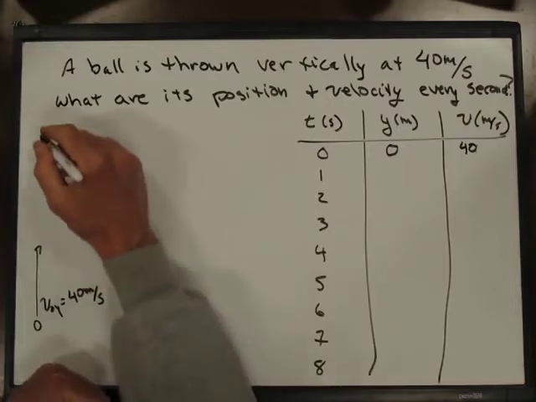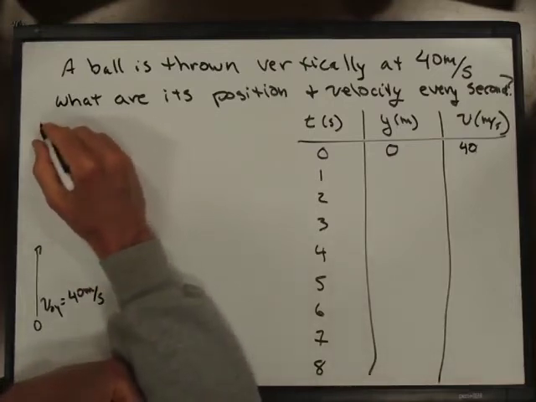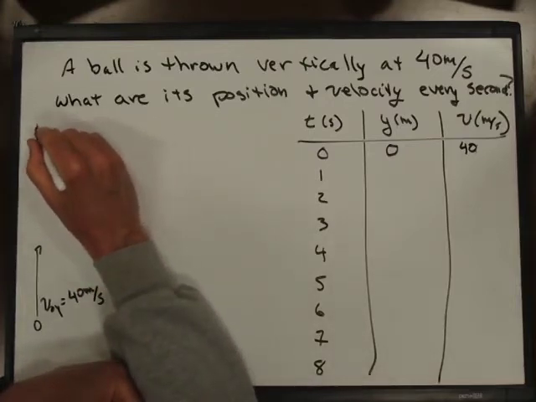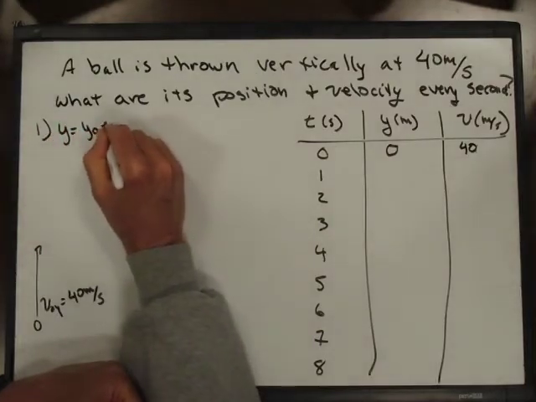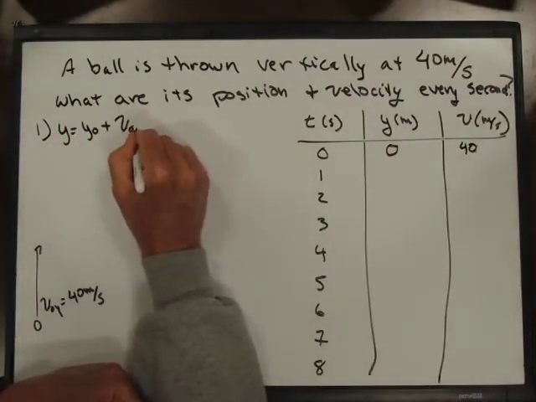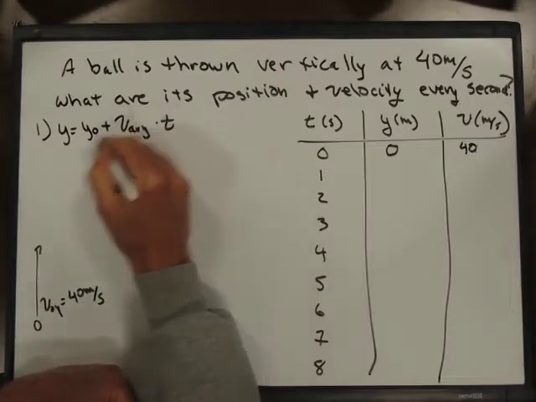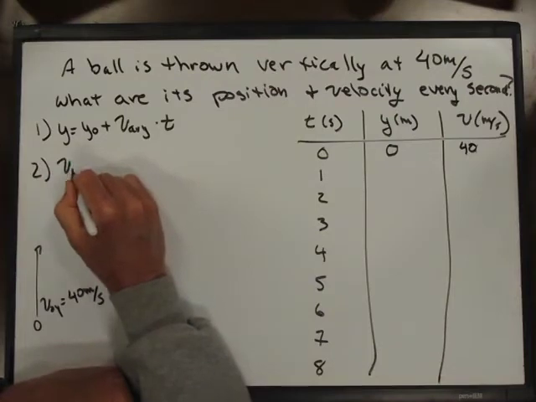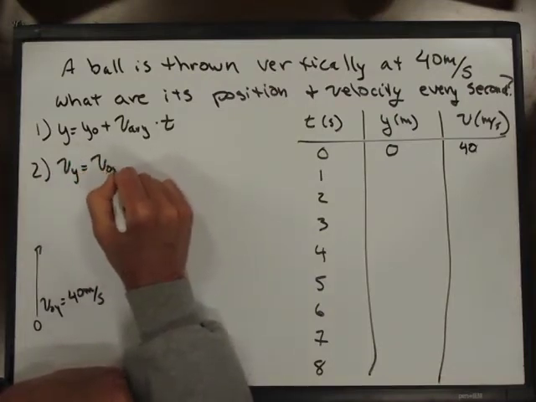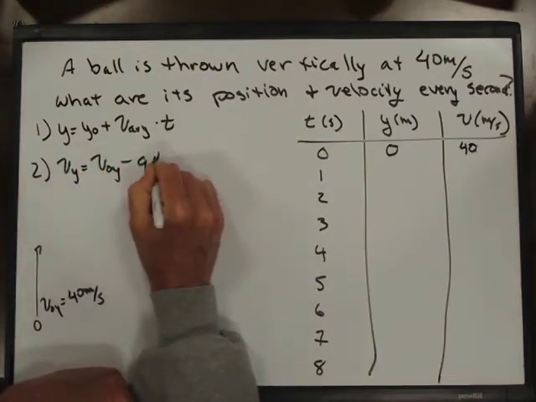And so we have our equations, and so I'm just going to write down the first three. y is equal to y naught plus v average y times time, and v y is equal to v naught y minus g times time.